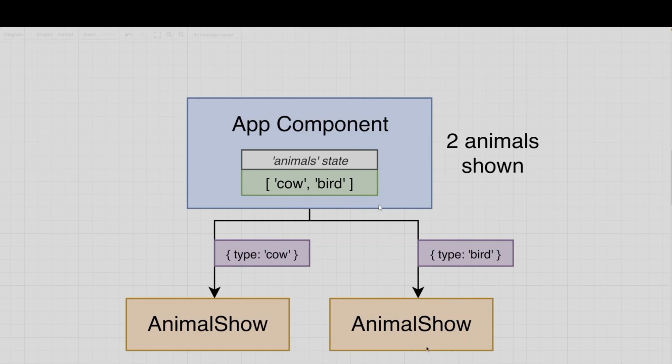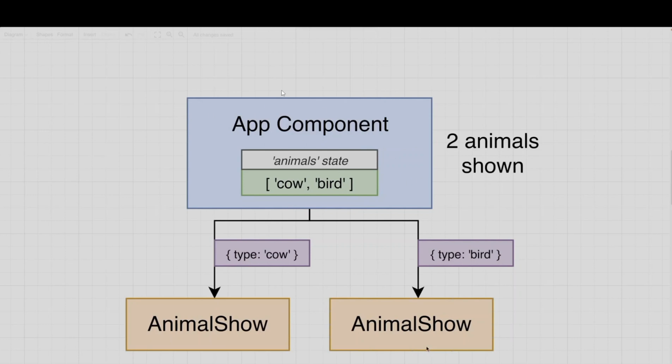When the user clicks on the button for the second time, we will render our second animal show component, and the number of animal show components to be rendered will increase as the user clicks on the button again and again. So for example, in this case, the user is clicking on the button 2 times, and in the first case we are showing a cow, and in the second case we are showing a bird.